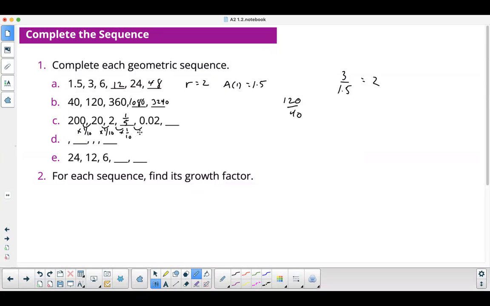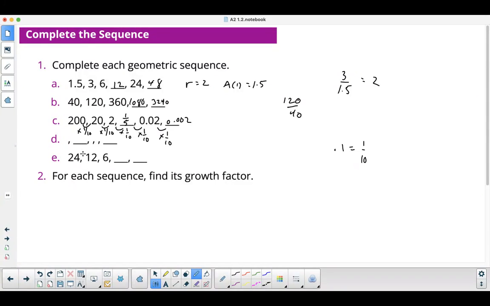And then times 1/10, and then times 1/10. So I could just do times 0.1. 0.1 is equal to 1/10. So 0.02 times 0.1, I get 0.002.